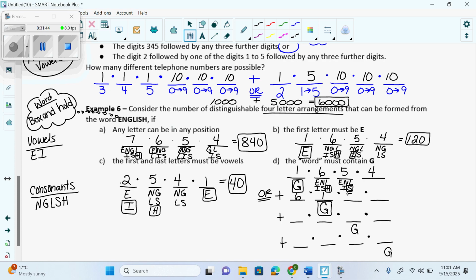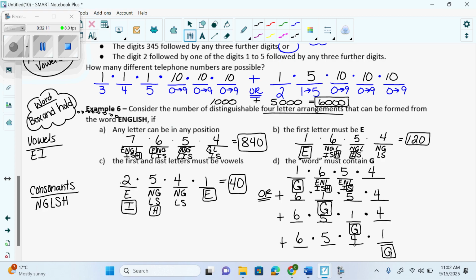Then 5. Then 4. So then this G, same thing. One option. Then we have 6 left. 5. 4. And this one will be G. And I have 6, 5, 4. Fun fact, they all come out to 120, right? 1 times 6 times 5 times 4, or 6 times 1 times 5 times 4 is 120.